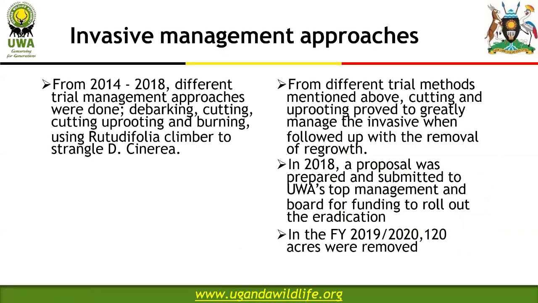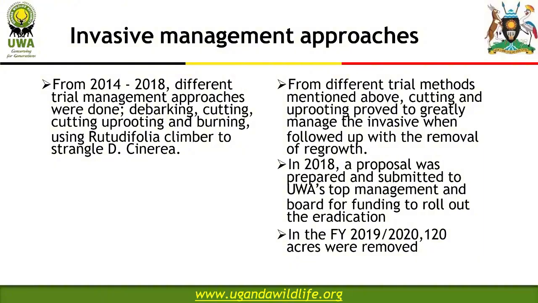What did we do? In 2014, we started doing trial measures on how we can manage invasives that had started to close up the whole area. We started having animals escaping from the park, causing human-wildlife conflict, as the doctor showed you, because the grazing area had reduced.